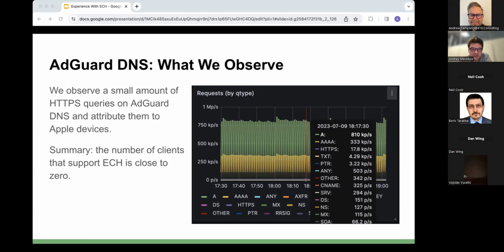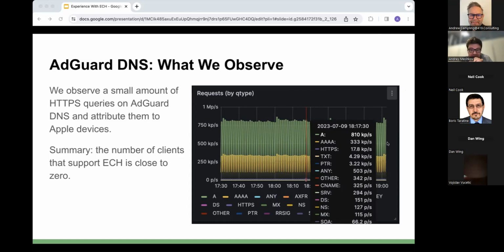And on this slide, you can see that the share of HTTPS queries is really, really small compared to everything else. On the other hand, the data is a little bit skewed because we have lots of Android devices using AdGuard DNS, and at some point when Google decides to implement HTTPS support, we will see huge growth.